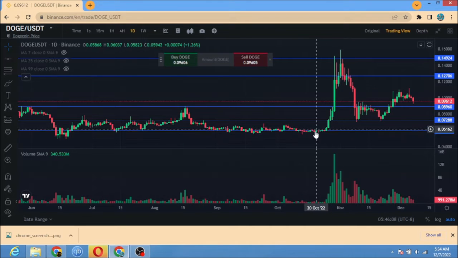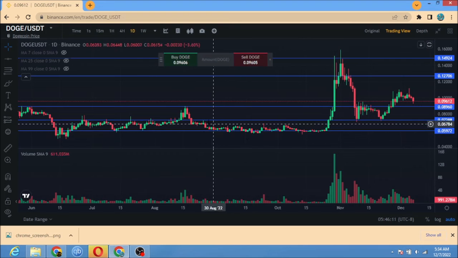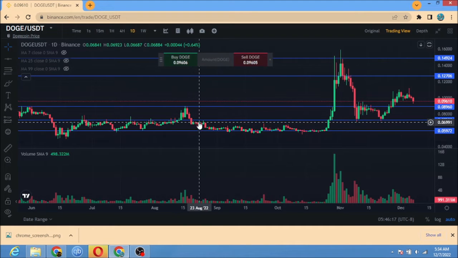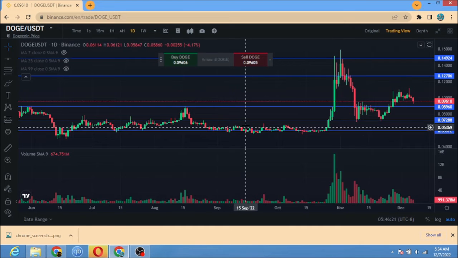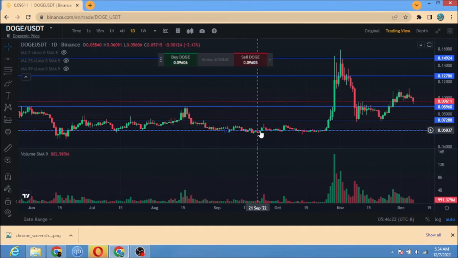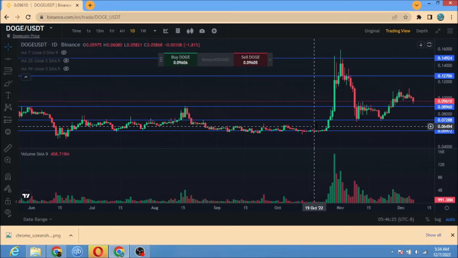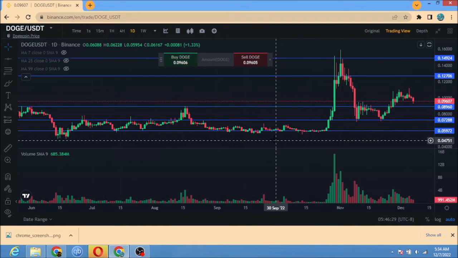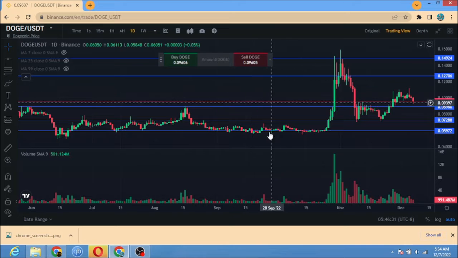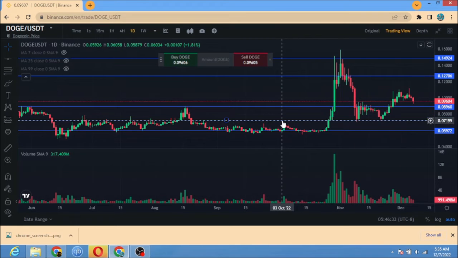You can see that this is our resistance. As you can see, the price moved downwards, and when it reached this very point, it started to move zigzag. It failed to break the resistance. Now with support and resistance, all these lines are the same, but I want to teach you what support means and what resistance means.